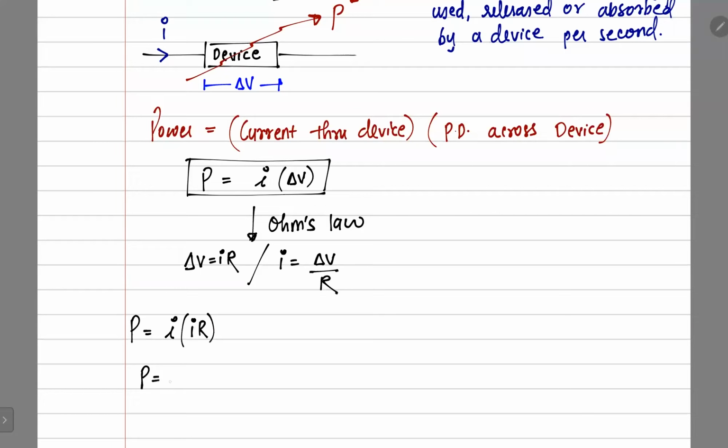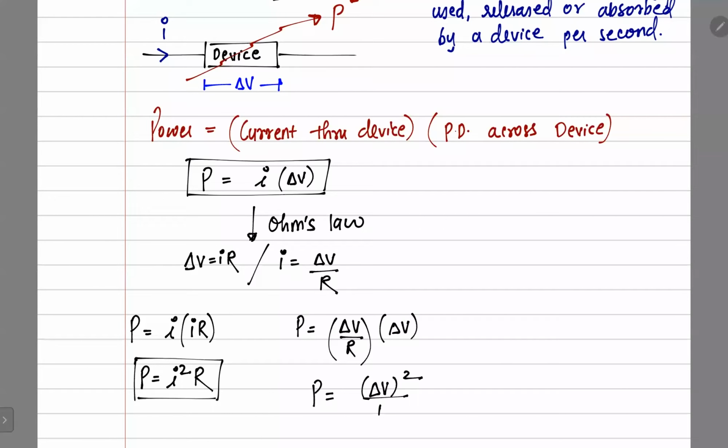So power becomes I square R. And instead of I, let me replace I with delta V upon R, multiplied by the delta V which already existed. So power can also be written as delta V square upon R.